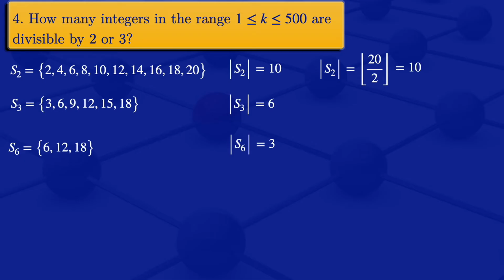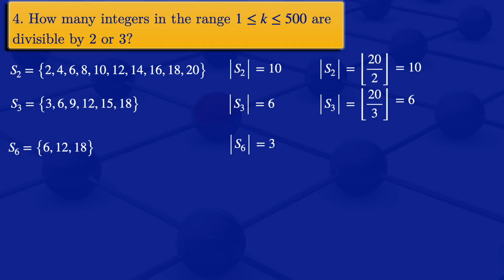And then for the cardinality of the elements that are divisible by 3, our range was up to 20. So we say 20 divided by 3, then take the floor value. So the cardinality of S3 is the floor value of 20 divided by 3, which gives us 6. And for the cardinality of elements that are divisible by 6, we are still looking at our limit, 20.